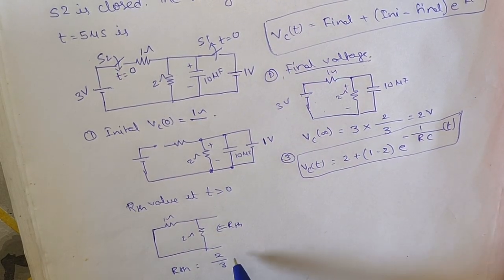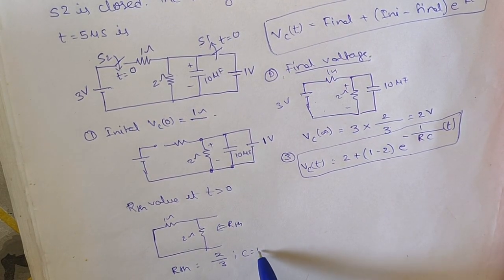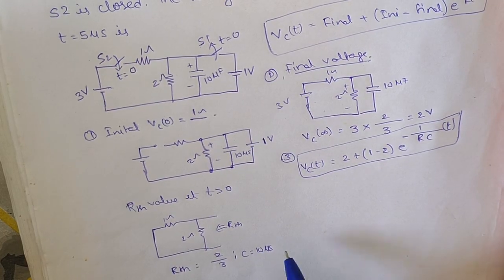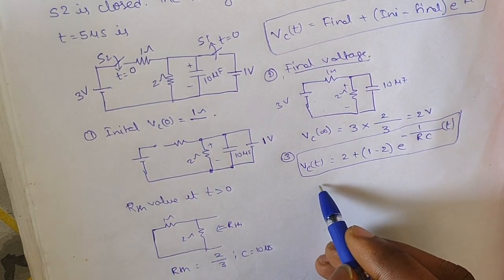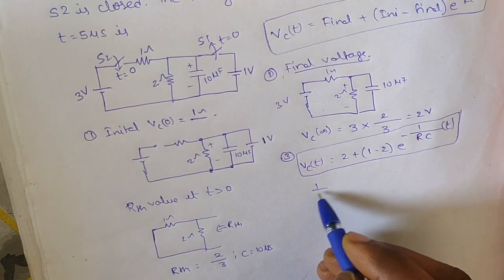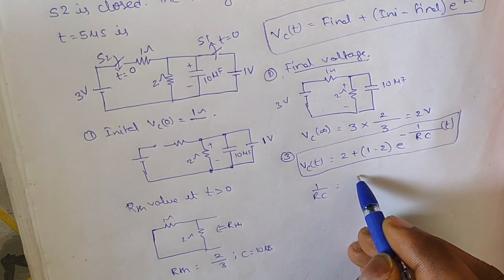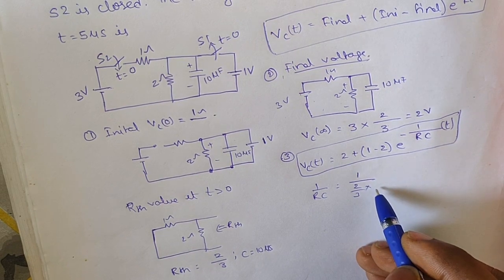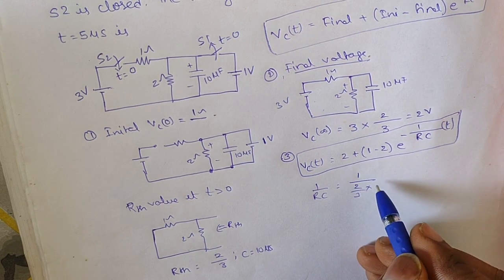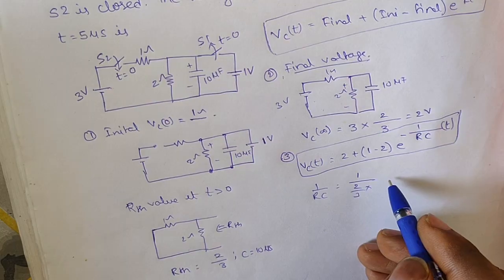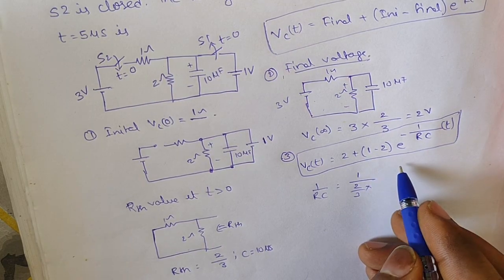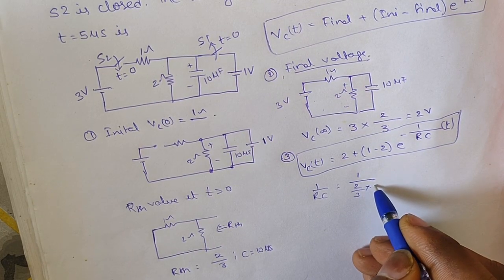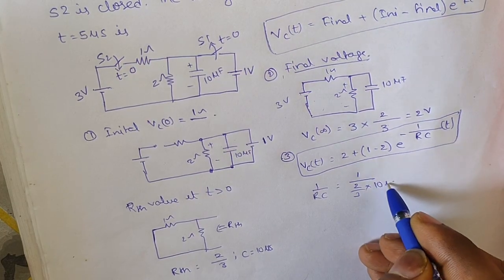So the C value is 10 microfarads. We will place it in this equation. 1 by RC will be 1 by 2 by 3 into 10 microfarads.